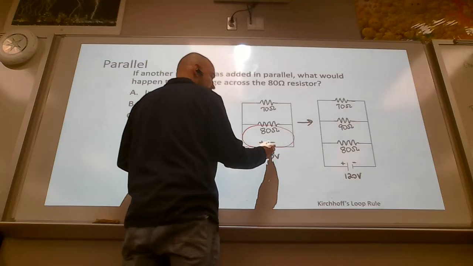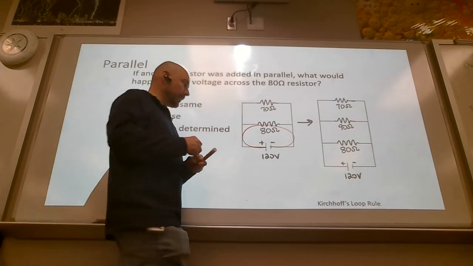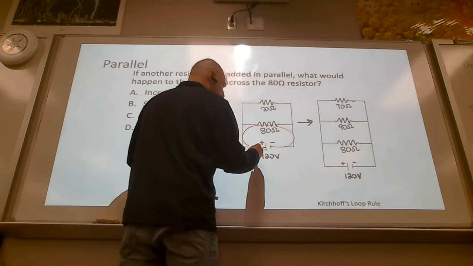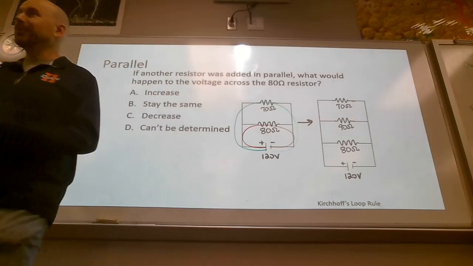Voltage gain equals voltage drop in a loop. That's a loop. Voltage gain equals voltage drop. That's a loop. It's a separate loop.